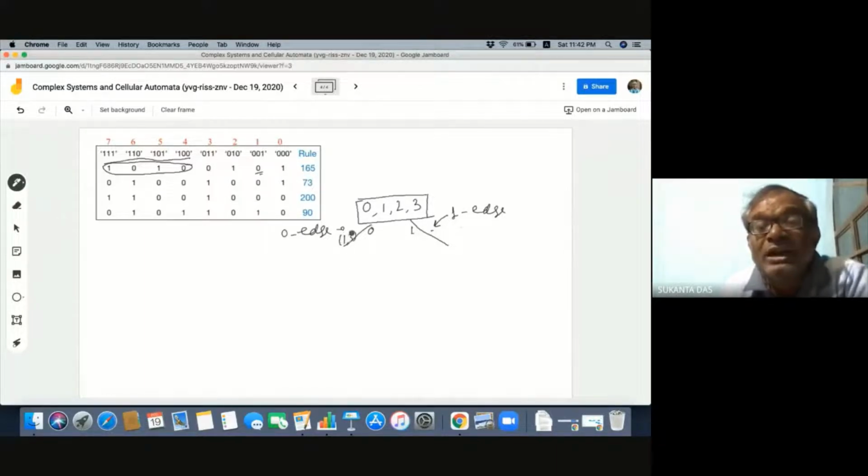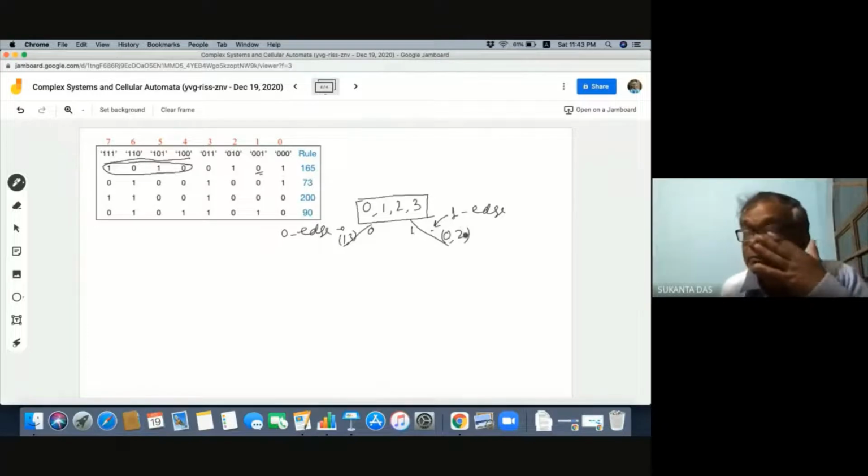Although I have written it as an ordered pair, it's not an ordered pair, it's actually a set. And here for the rest, RMT 0 and RMT 2, RMT 0 of 165 gives 1, RMT 2 of 165 also gives 1. So they are written here.